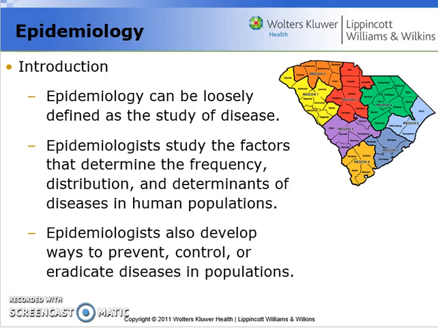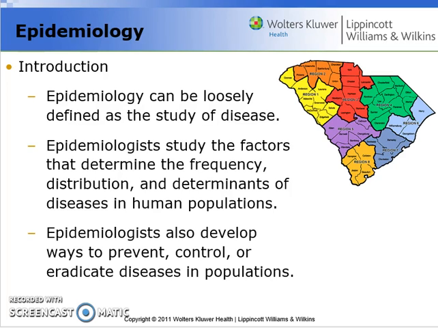We're observing how pathogens are spread through the population. You have a number of individuals that work at the Center for Disease Control, who are epidemiologists. You also have a number of individuals who work at the local and state health departments who are considered epidemiologists.